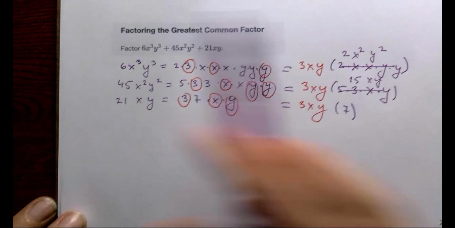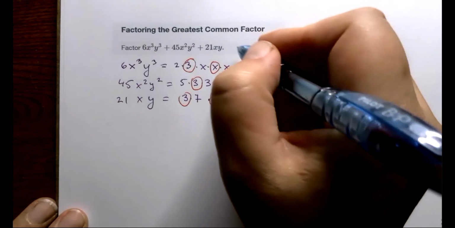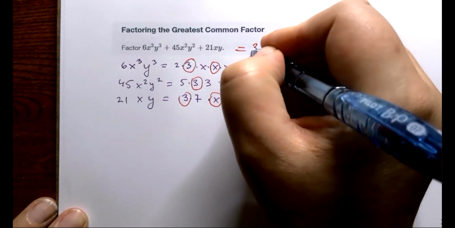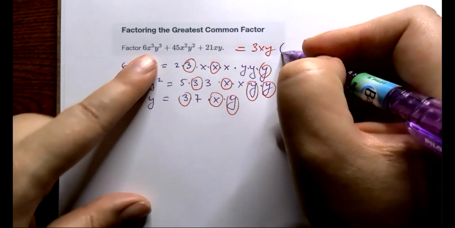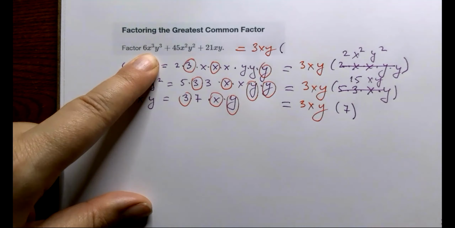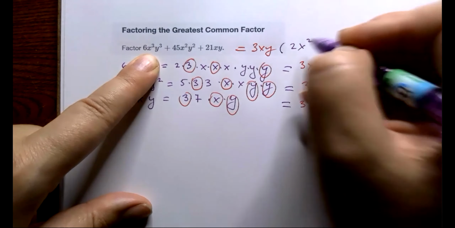So finally, when we pull the common factor out, that we agreed was 3xy, you open parenthesis, what do you have left from 6x cubed y cubed? Well, that's 2x squared y squared.